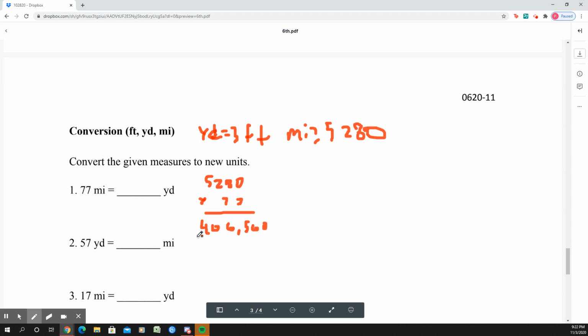And so you take this and now you have this in feet. 77 miles is 406,560 feet, but they're not asking for feet, they're asking for yards. So we know that 1 yard is 3 feet, which means you have to divide this by 3. And if you do that, you get 135,520 yards. Okay.